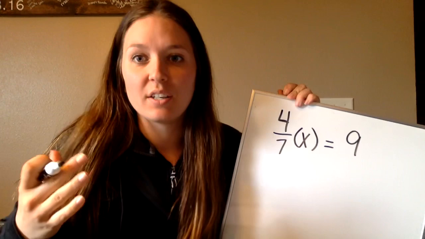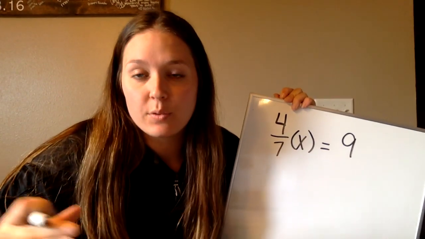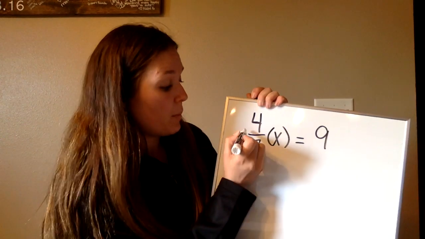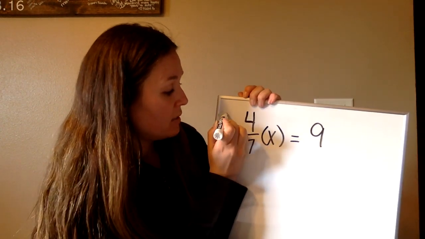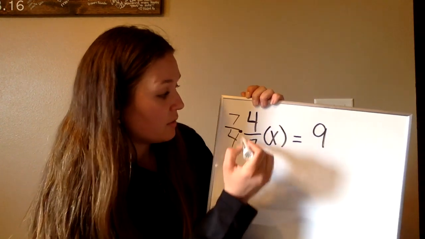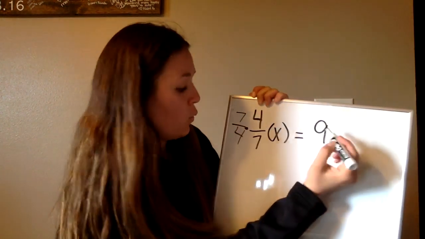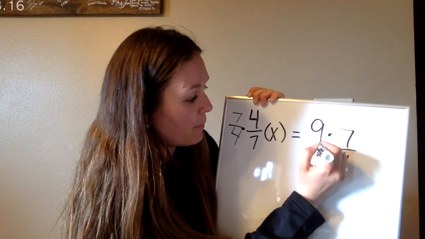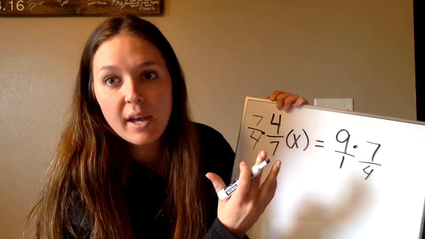Now remember what that does. Anytime you multiply a number by its reciprocal, you always get 1x, which is what we're looking for here. So we're going to multiply both sides by 7/4. We have to multiply this side then by 7/4. And remember that 9 is over 1, not over 9.